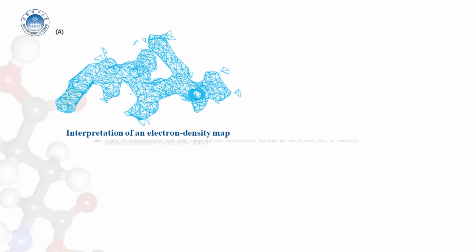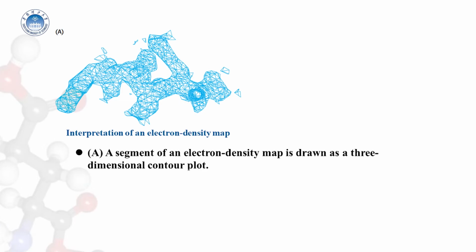The image is formed by applying a mathematical relation called the Fourier transform to the measured amplitudes and calculated phase of every observed reflection. The image obtained is referred to as the electron density map.